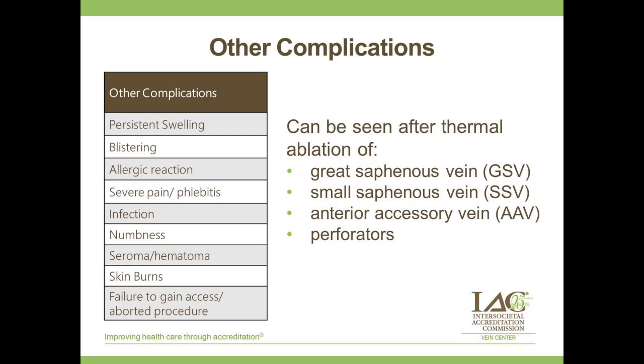Infection is rare, but it, as well as numbness, seroma or hematoma, skin burns, and a failure to gain access or a failure to carry out the procedure should all be reported. All of these complications can be seen after ablation of the great, small, or anterior accessory veins.